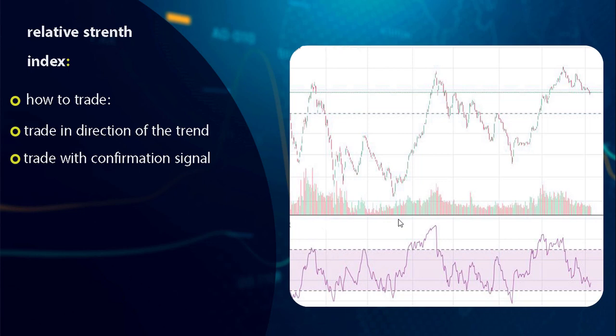Say you want to combine the RSI indicator with stochastic, or with trend lines, or with the MACD indicator. I don't know which tool you want to use the RSI indicator with.